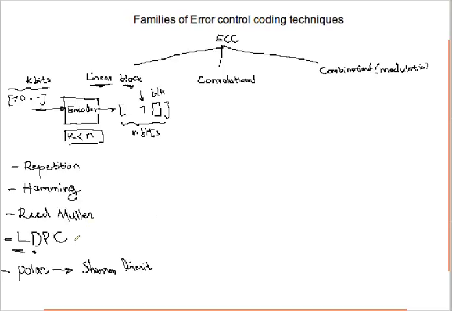LDPC codes are also very close to the Shannon limit, but polar codes can attain it in information theory. So these are the very famous block codes that we have.